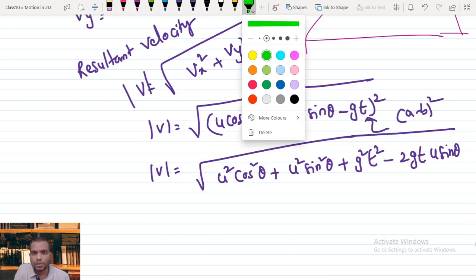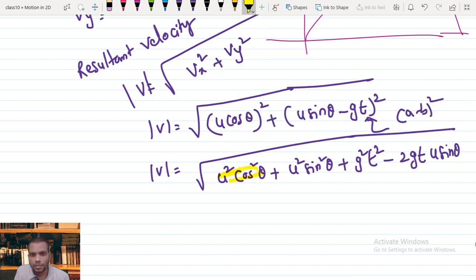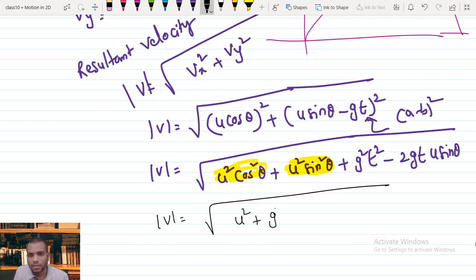Now these two terms are sin square theta plus cos square theta, and u square is common. So this value equals 1. So the magnitude of velocity v equals square root of u square plus g square t square minus 2gt u sin theta.